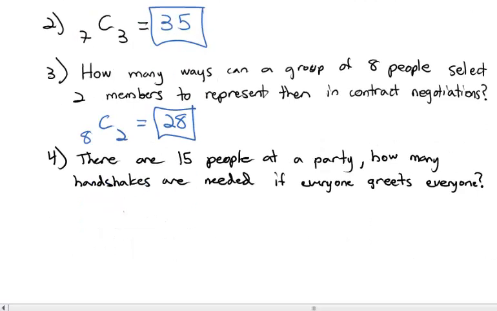Well, again, we don't care the order of the handshake. I don't care if Sue meets Maria first or if Maria meets Sue first. The order doesn't matter. So this is a combination. There are 15 people, and we want all the ways we can select out of the group of 15, 2 of them to shake hands. And that'll give us all the different combinations of 2 handshakes in the group of 15.